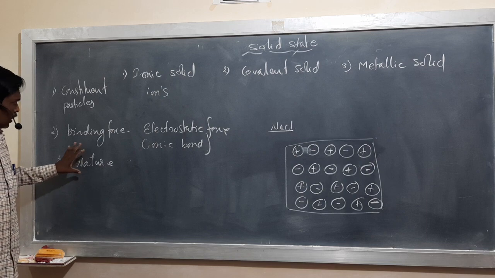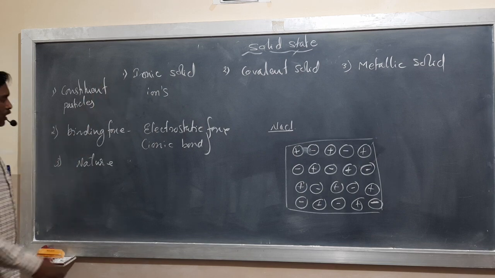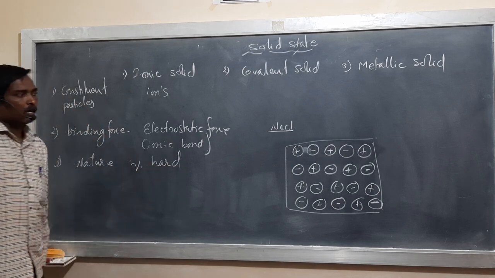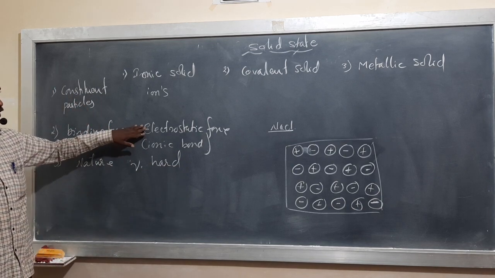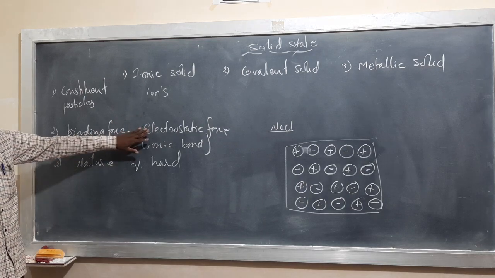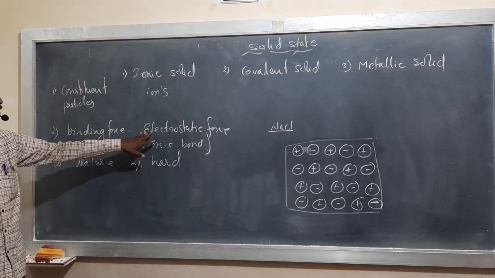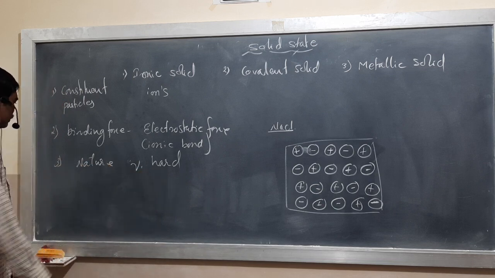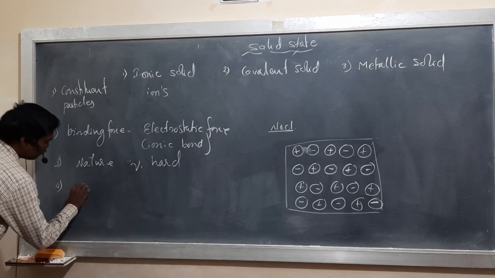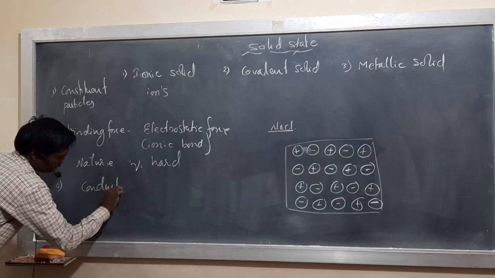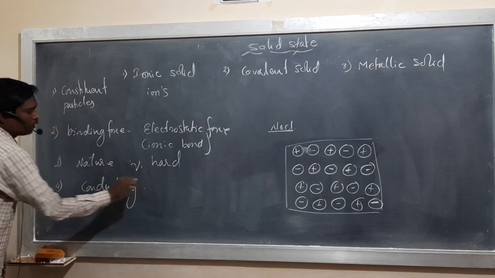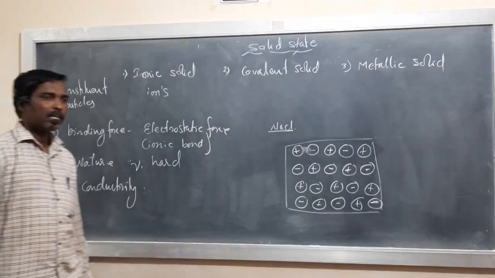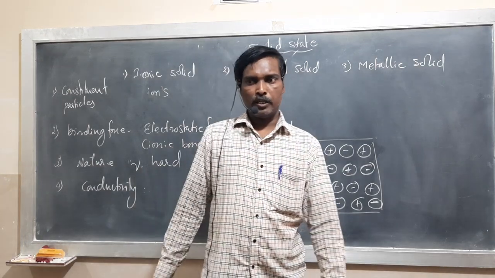These ionic solids are very hard because of the strong electrostatic force of attraction, a strong force which binds the ions. That's why these solids are very hard in nature. The fourth property is conductivity. Ionic solids are bad conductors of electricity.